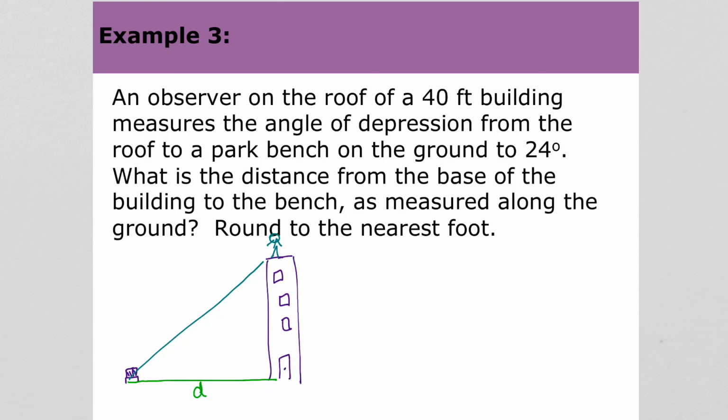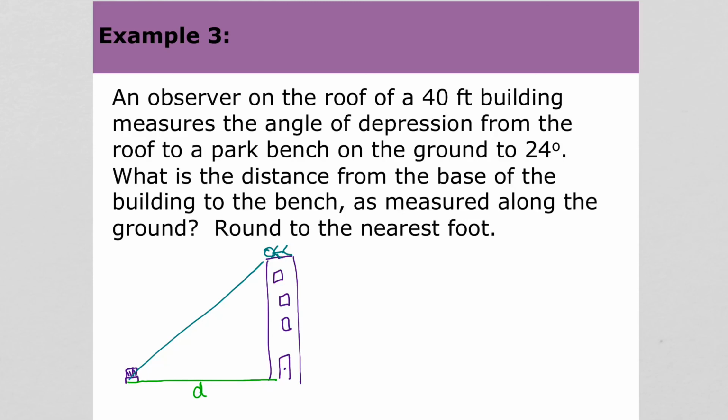He's laying on the roof, so he can be at the very top of the roof because we don't have the height of the man. So, let's see. He is laying on his belly on the roof. There we go. And looking down at the park bench for some weird reason. And it says that the angle of depression from the roof to the park bench is 24 degrees.